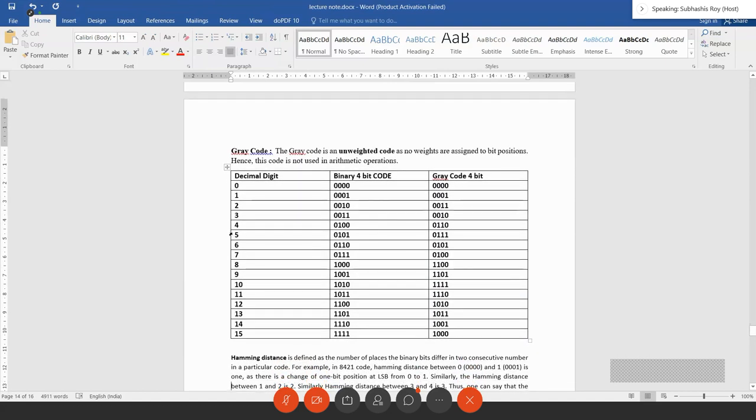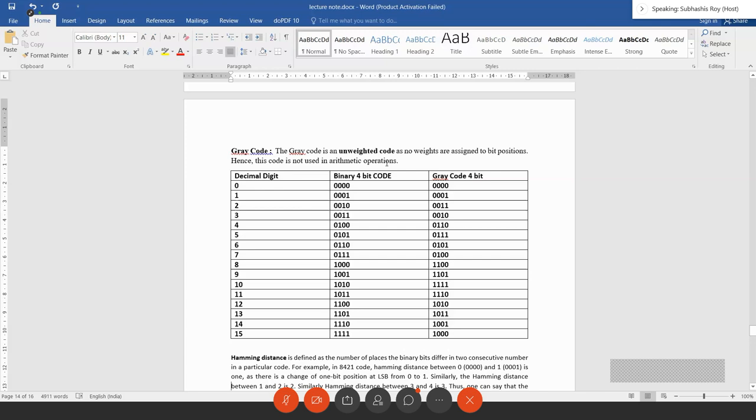So the next code is your gray code. Gray code is again an unweighted code, because you cannot give a weight to any digit, it is not following any weight format. So again, an unweighted code, that is gray code, and it is not normally used for arithmetic operations.